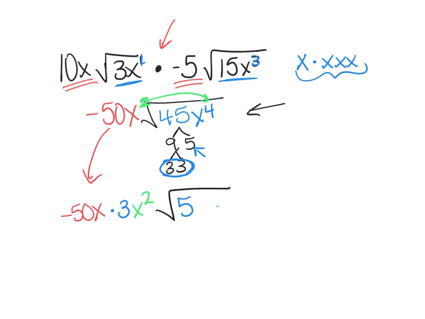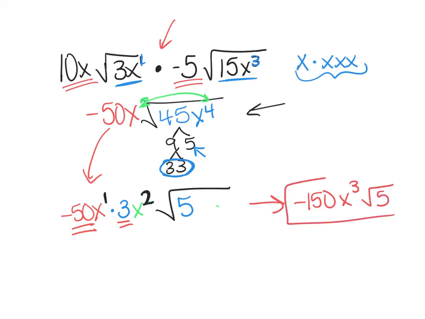And now I can just clean this up a little bit. So negative 50 times 3 is negative 150. X to the first times x squared. Again, remember we're adding our exponents. So that gives us x cubed. And then we still have the square root of 5 as well.